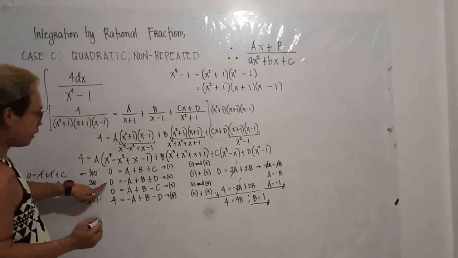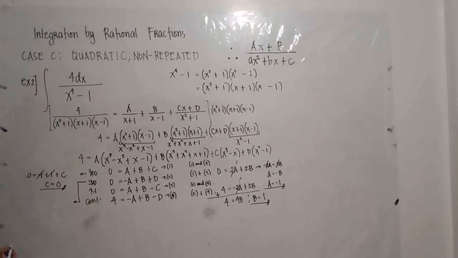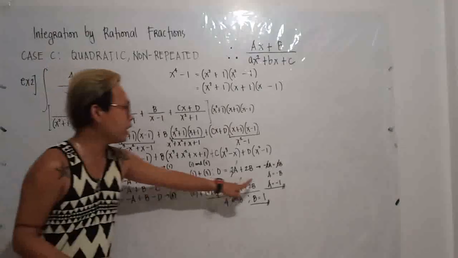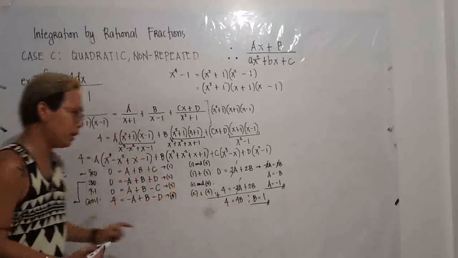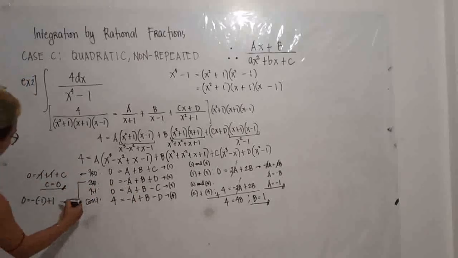Next is d. We may use equation 2, and that is negative a, which is negative of negative 1. So that is 0 equals negative of negative 1. Then plus b, which is 1. Then plus d.